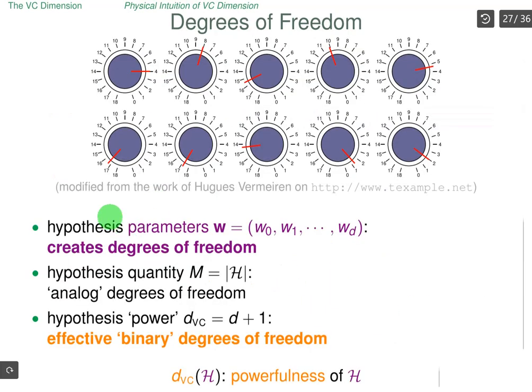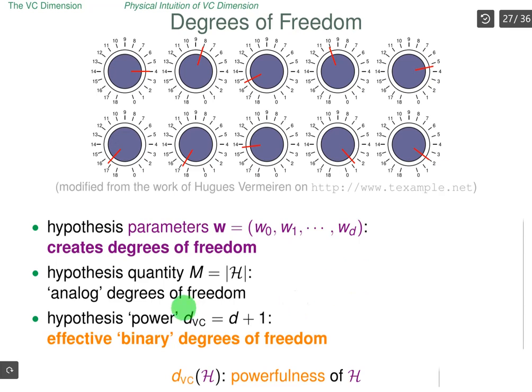Another way to interpret VC dimension is to consider the hypothesis parameters, which create some kind of degree of freedom. We can also relate VC dimension to the powerfulness of the hypothesis.